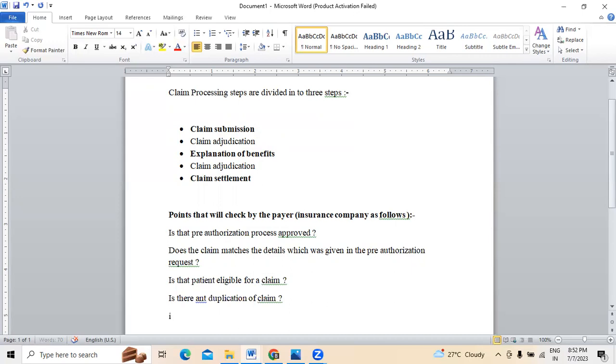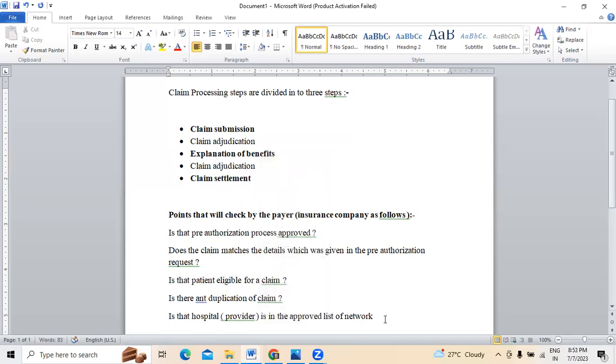Next, is the hospital, or I can call them the provider, in the approved list of network or not?